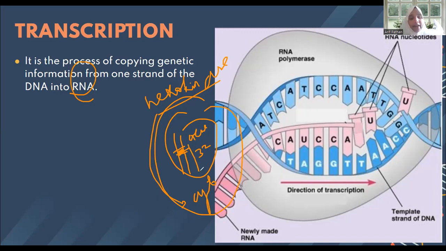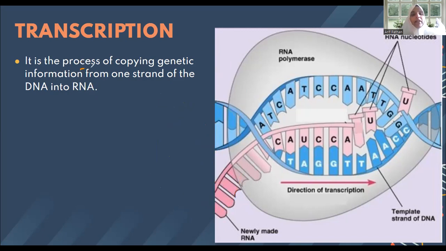So messenger RNA will be made over here according to whatever information is there. It will copy the information and then transport it outside the nucleus and take it to the cytoplasm where the protein synthesis will take place. So basically it is nothing but the copying of the genetic information from one strand of the DNA into the RNA.